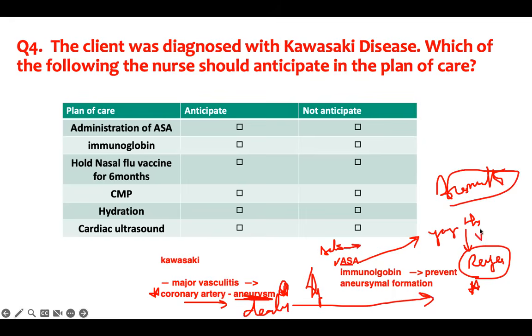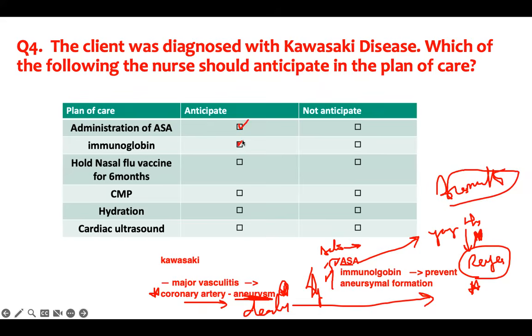The Reye syndrome, we will monitor them. Mommy will monitor. If they have any early signs, they will come in and we take care of it. But coronary aneurysm, we cannot reverse it. We are in trouble. So we will give them the aspirin and we'll give them the immunoglobulin. So that's the content.